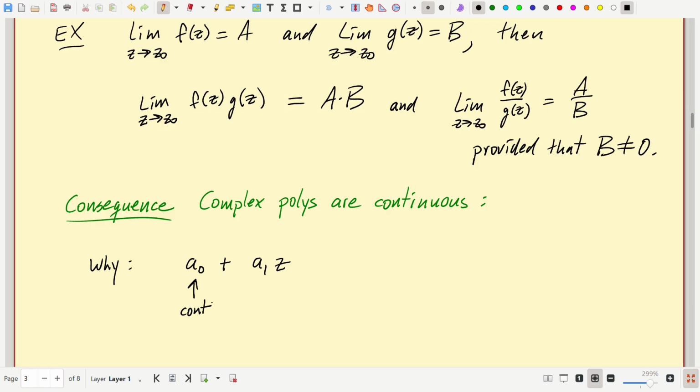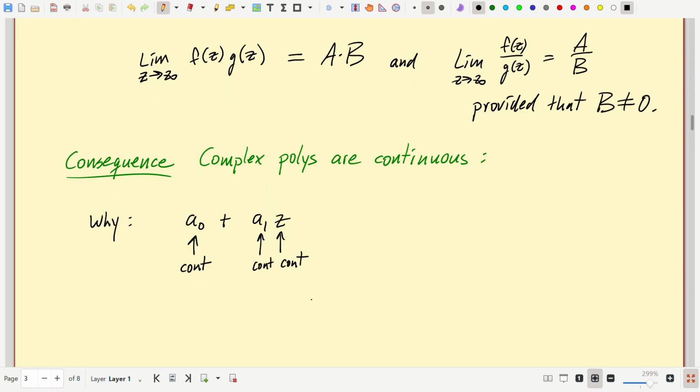A constant thing is continuous. That's the most trivial thing to check. And now here I've got a product of continuous things. A1 and z are both continuous, so the product rule would say that's continuous. By the way, when you're showing that z is continuous, the epsilon equals the delta. It's the easiest thing to do from the definition. And of course now we can use the fact that the sum of two continuous things is continuous, etc.